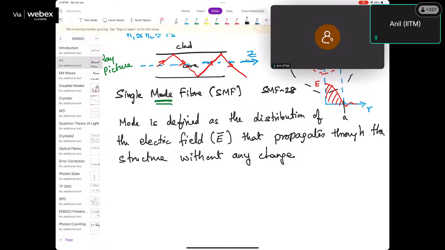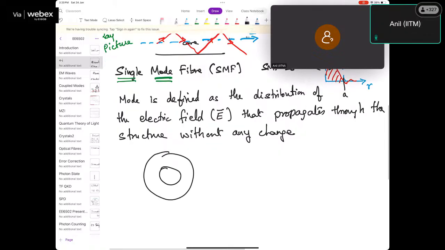Now, since I've introduced the word single, I have to explain to you why we call it single mode. And that's because if I were to look at the core and the cladding again, where this was my A, and I were to plot the electric field again, I might see something that looks like this, which would mean that I have some electric field sitting here and here as two lobes.